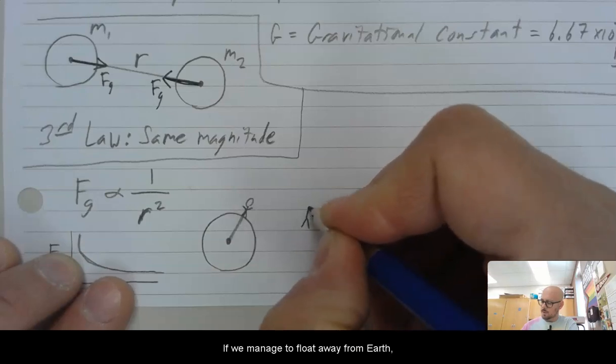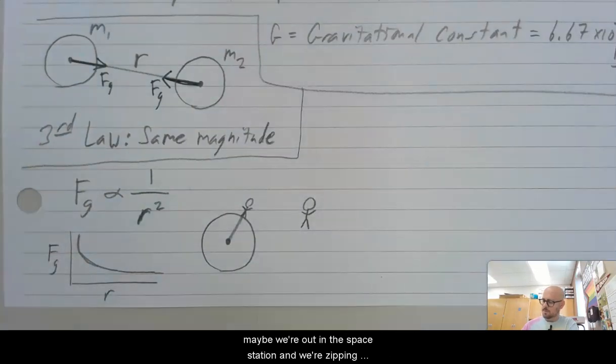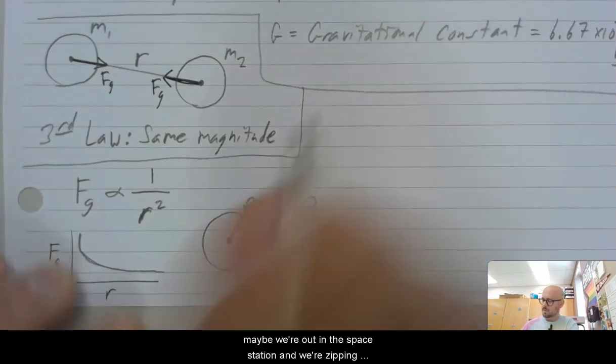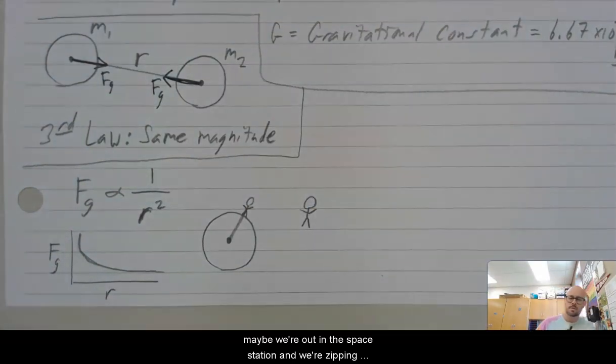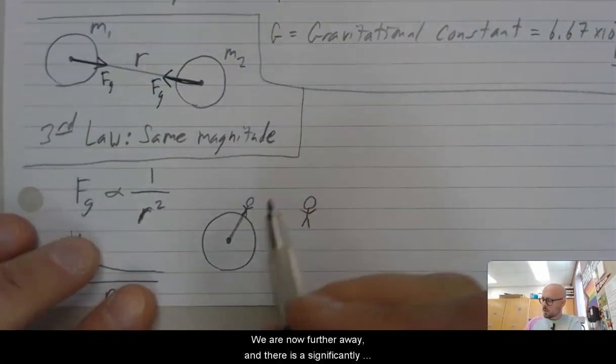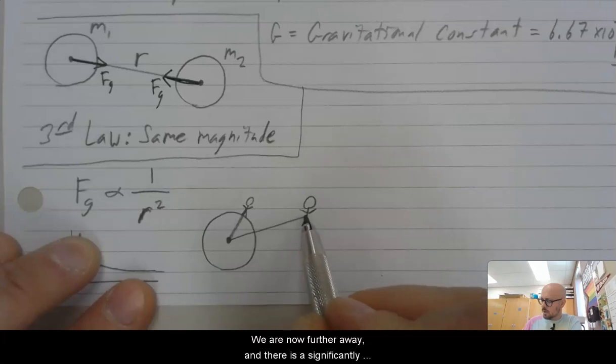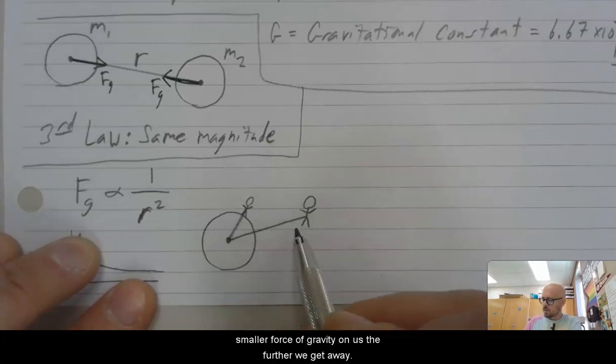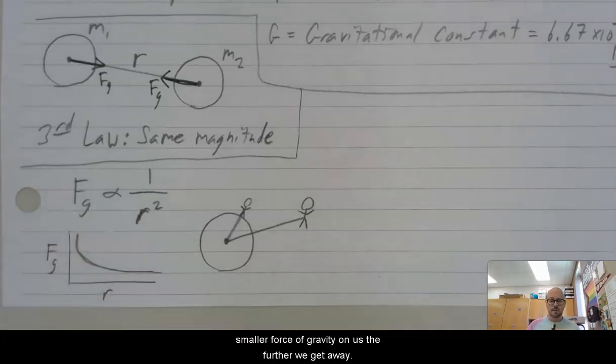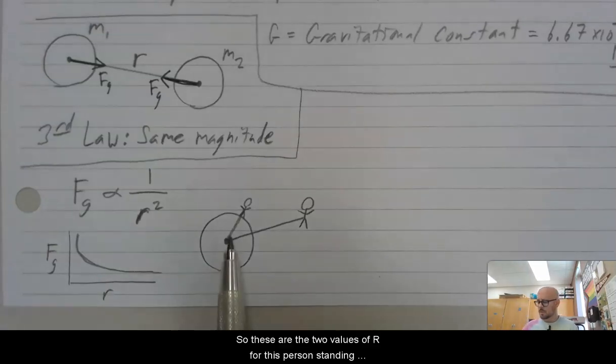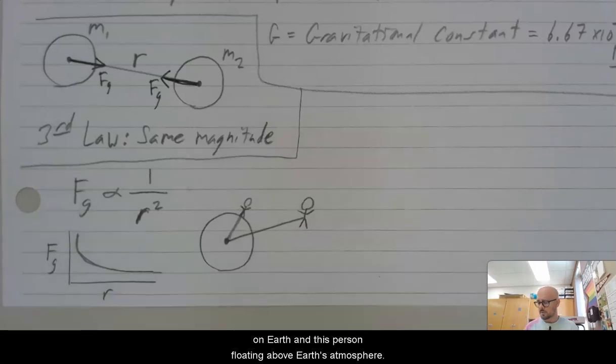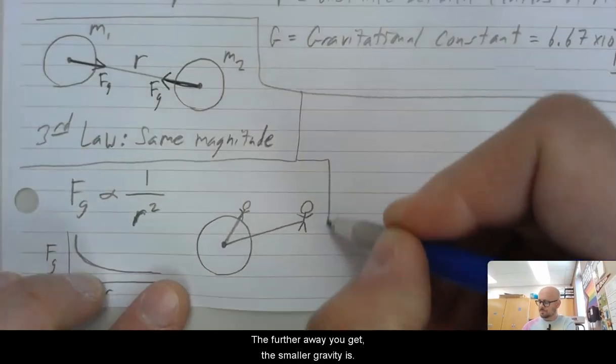If we manage to float away from Earth, maybe we're out in a space station zipping around Earth in orbit, we are now further away, and there is a significantly smaller force of gravity on us the further we get away. So these are the two values of r for this person standing on Earth and this person floating above Earth's atmosphere. The further away you get, the smaller gravity is.